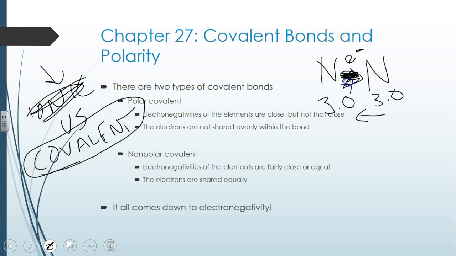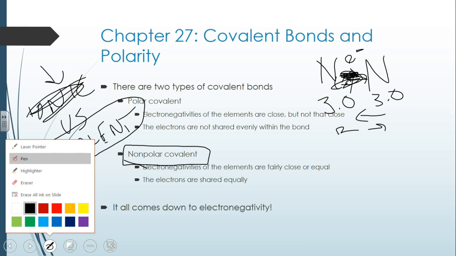Well, because the nitrogens are the same, they're basically in a tug of war. Do the electrons want to go here? Do the electrons want to go here? Well, the electrons want to stay in the middle because they are equally powerful. And so there's no preference here. This is called a nonpolar covalent bond. It doesn't have two sides. Something that is polar is something that has two sides, and there's not a preference to the sides.